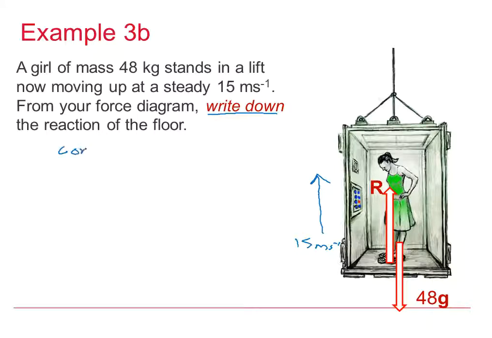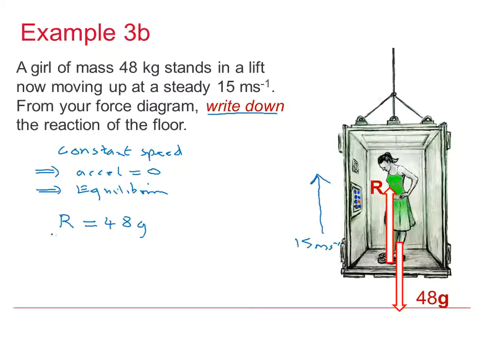You wouldn't necessarily write all this down in the exam, but if we've got constant speed, that implies the acceleration is 0, which implies the forces must be in equilibrium. If the forces are in equilibrium, that means the upward force R must be exactly the same as the downward force 48g.